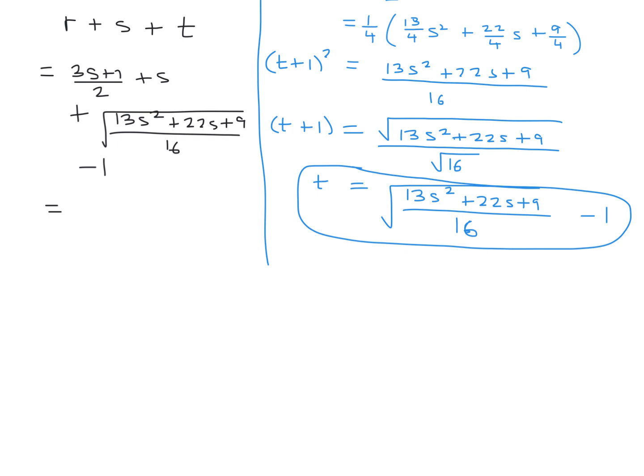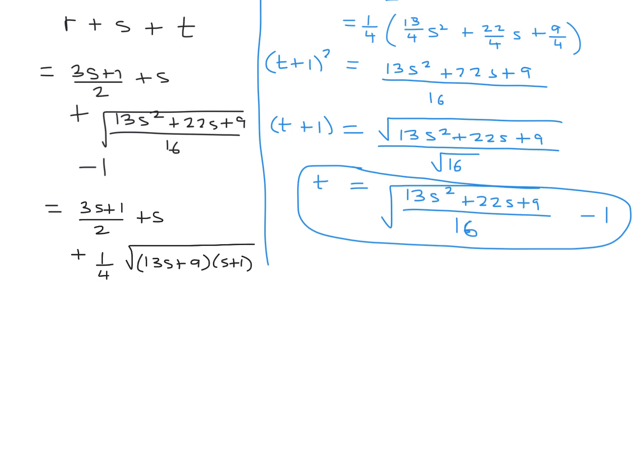When I simplify this a little bit, it becomes 3s plus 1 over 2 plus s. And then this part here I'm going to factor. I'm going to put the 1/4 out front, and then it's going to be 13s plus 9 and then s plus 1.